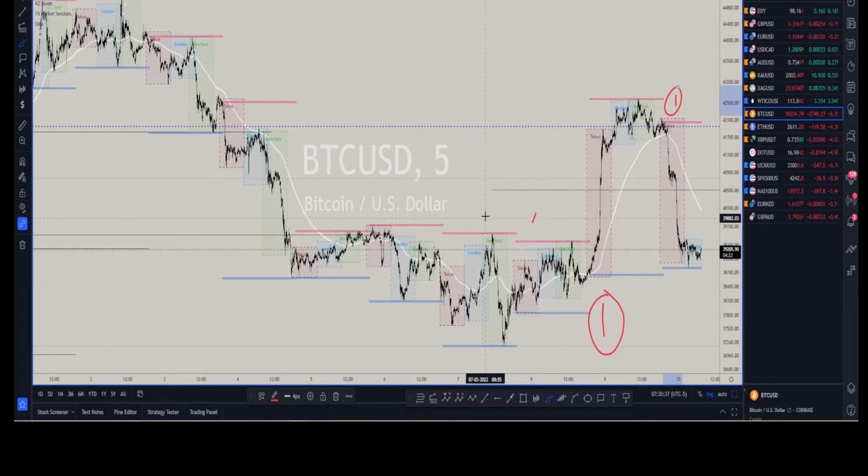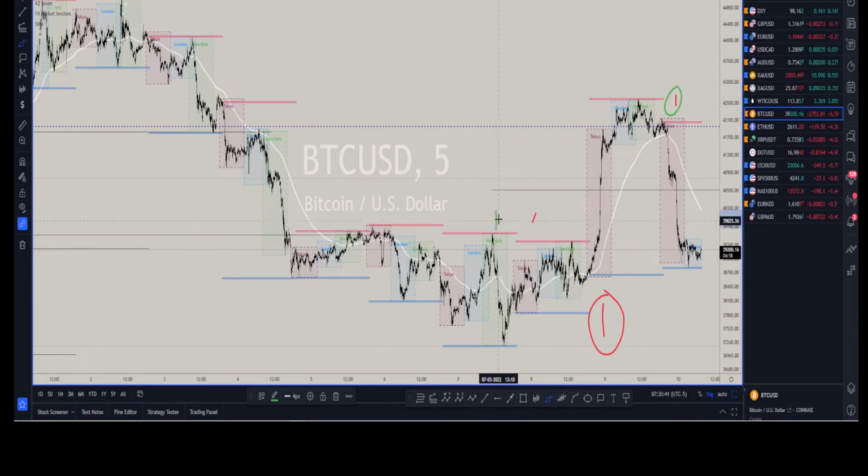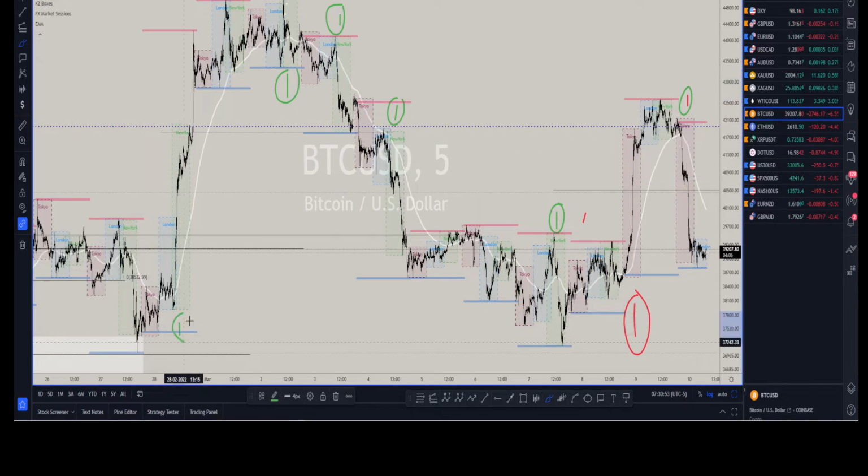All right, this I'll make it green. That's New York move. That's New York move. That's New York move. That's New York move. That's New York move. That's New York move.